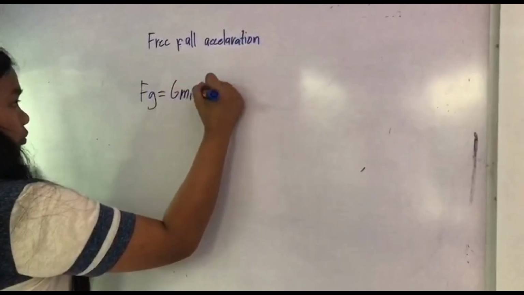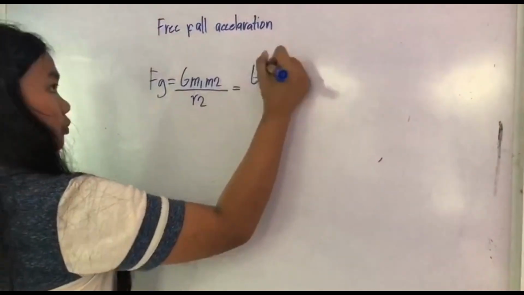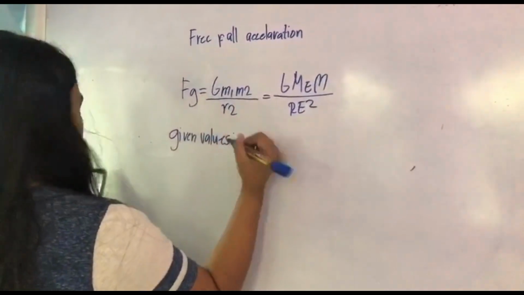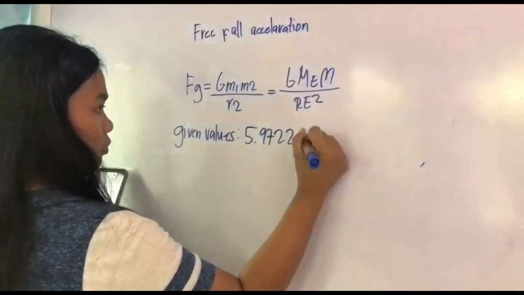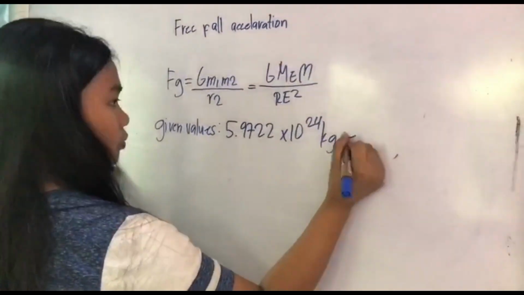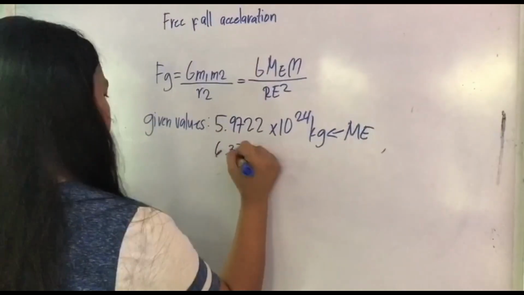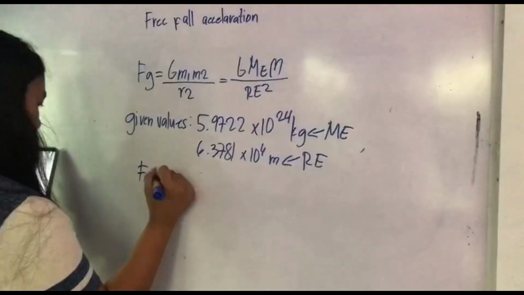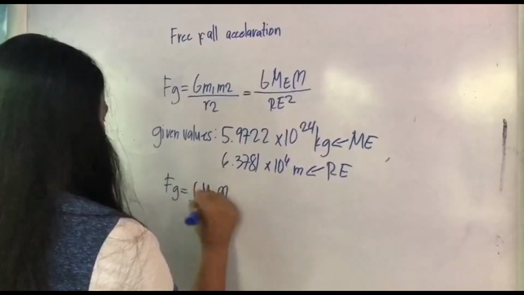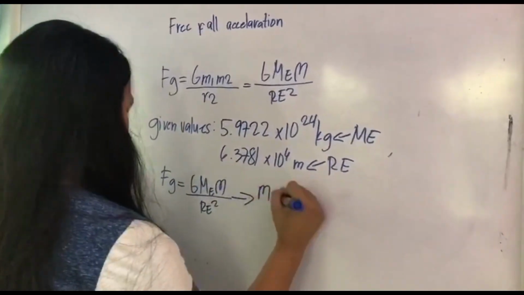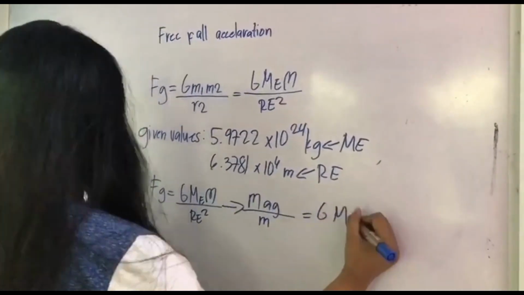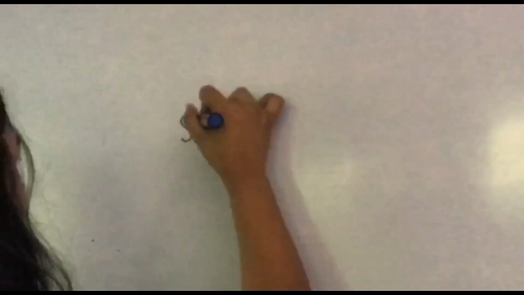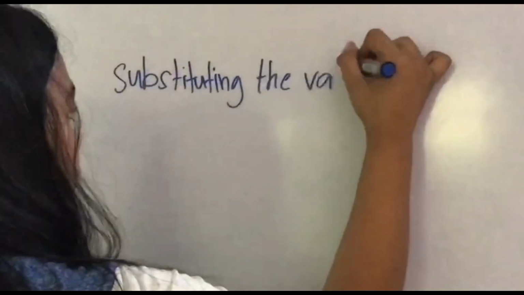So we have here the formula for the gravitational force, which can also be written as, since nara siya sa Earth, and let's identify the given values, which is the mass of the Earth and the radius of the Earth. The F sub G can also be written as mg, or mass times acceleration due to gravity, and we can cancel out m for both sides, and that will give us the formula for acceleration due to gravity.